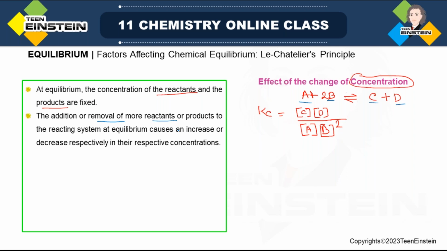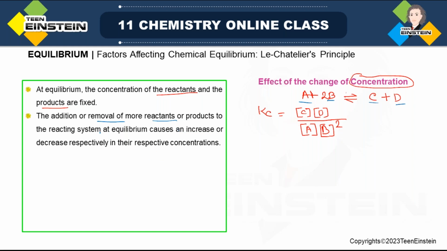Suppose in this reaction we are adding more of the product D from outside, that also you can do, or we are adding more of A or B, any species on the reactant side or any species on the product side, that we can do. Or suppose we are decreasing the concentration of any of these 4 species A, B, C, D, whatever we are doing, increase or decrease of concentration, basically we are changing the concentration in whatever way.